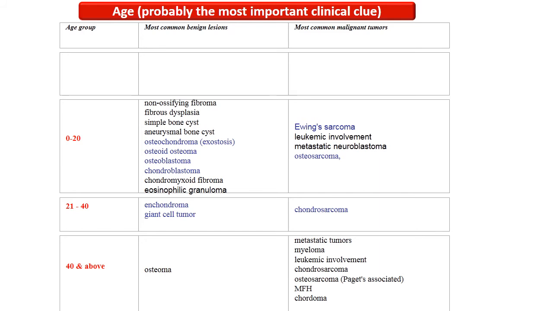For bone tumors affecting the 40 years and above age group, the benign lesion is osteoma, while the malignant lesions in this age group are metastatic tumor, which is the most common one, and myeloma, leukemic involvement, chondrosarcoma, osteosarcoma, malignant fibrous histiocytoma and chordoma.